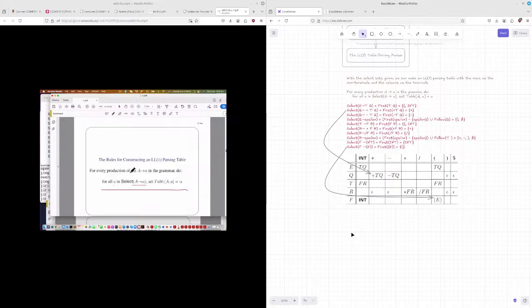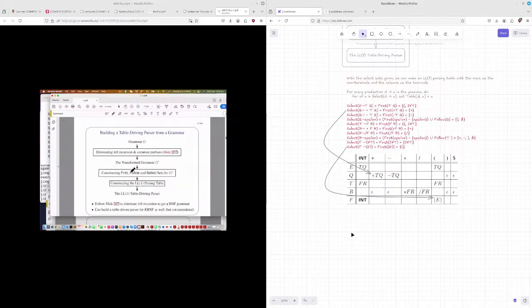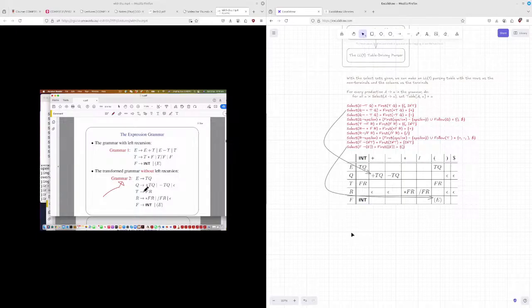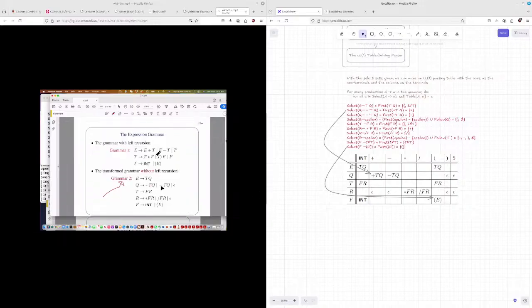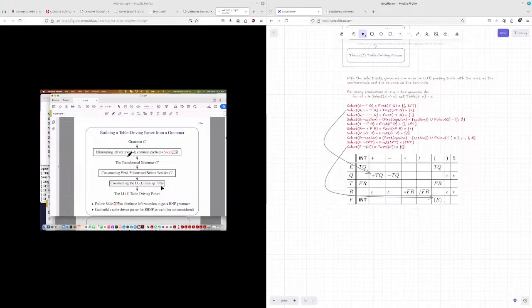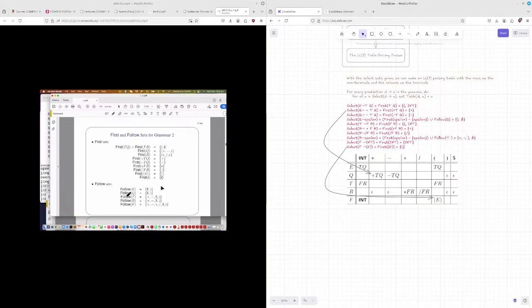So basically, if this is the grammar given, in the first step we eliminate its left recursion and common prefixes. This grammar doesn't have any common prefixes, but it does have left recursive productions. We do grammar transformation. Now we get grammar 2, that's free of those two issues. Then we get first, follow and select sets.